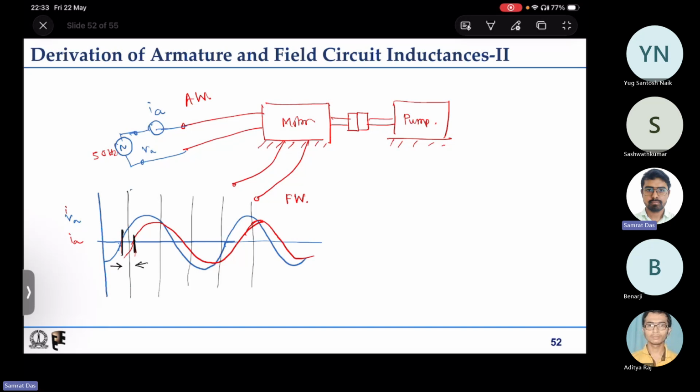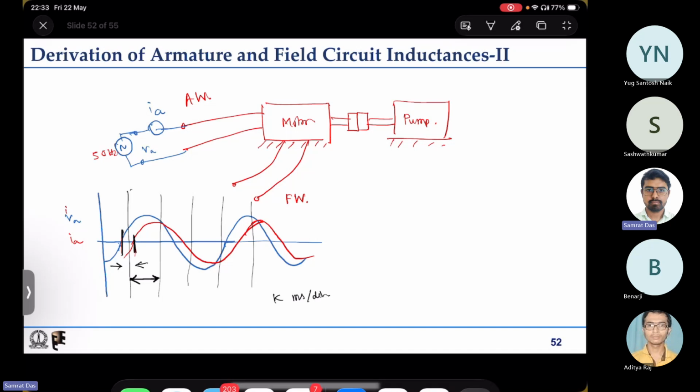It will be written as some time per division, say some k milliseconds per division. That means this horizontal division means k milliseconds. I am just indicating something.